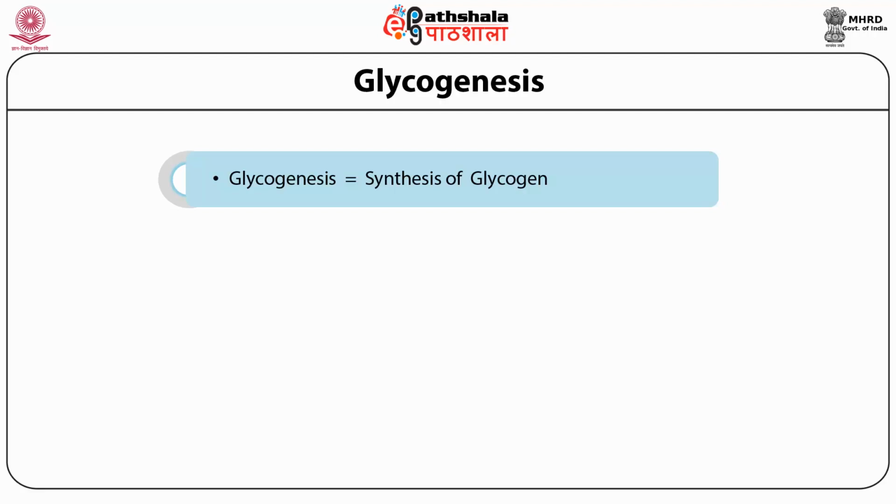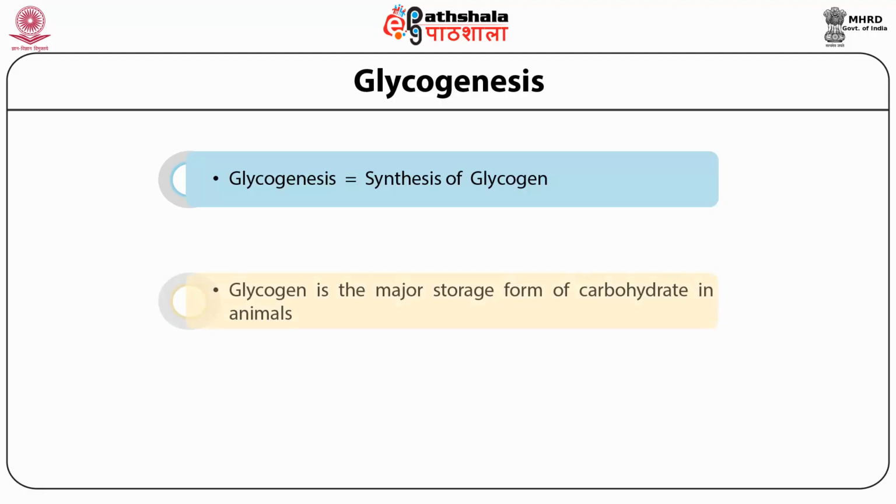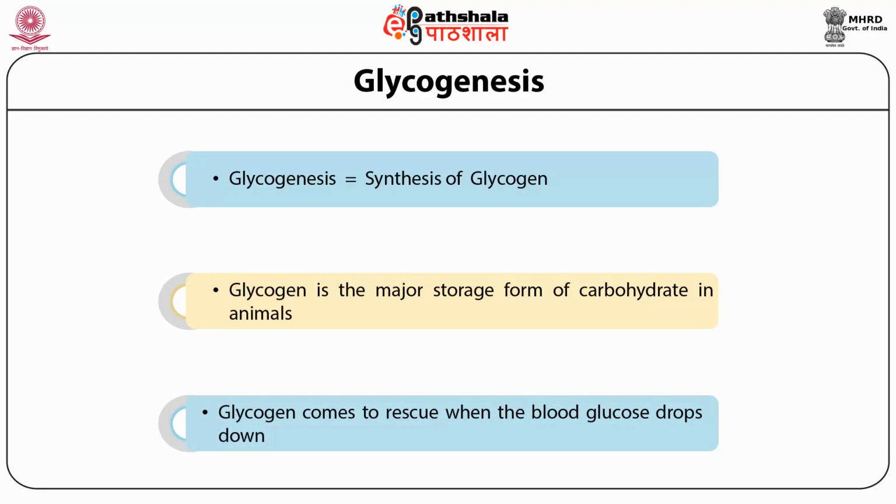Glycogenesis is the biosynthesis of glycogen, the major storage form of carbohydrate in animals, similar to starch in plants. Glycogen is used to rescue when the blood glucose drops down, a situation which prevails between our daily meals.